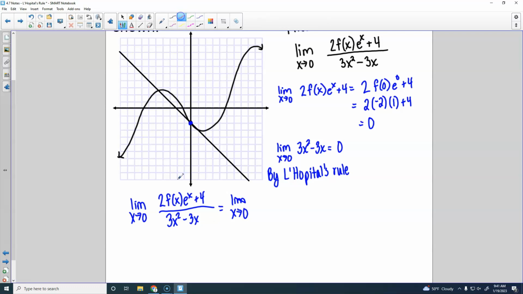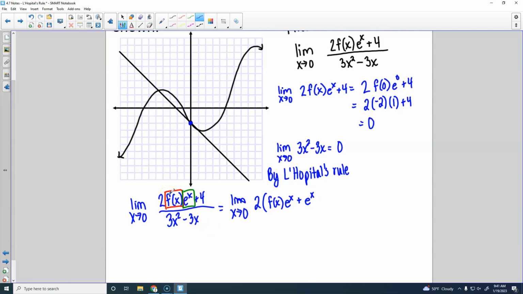You've got to use a product rule right here, because this f of x and this e to the x both include x's in their separate expressions. So I'm going to leave that 2 sort of out front. I will have f of x times the derivative of e to the x. What is the derivative of e to the x? E to the x.